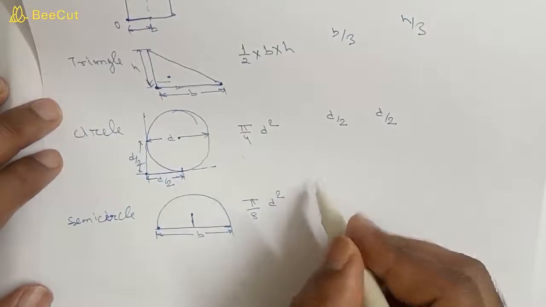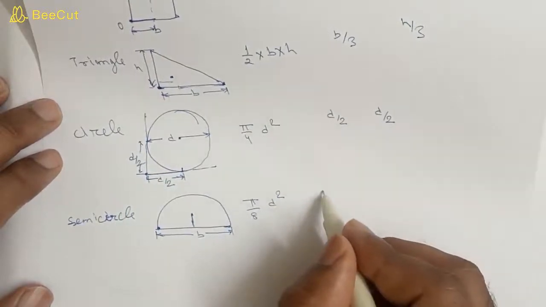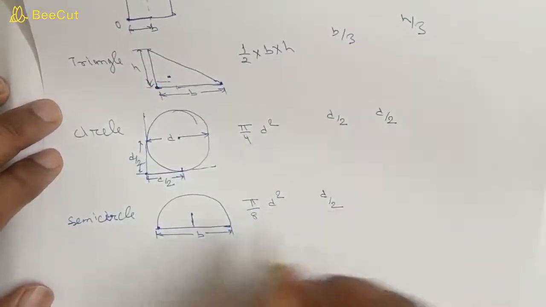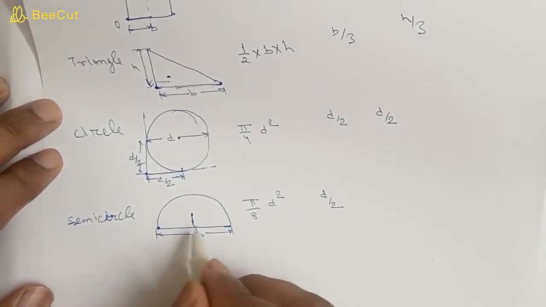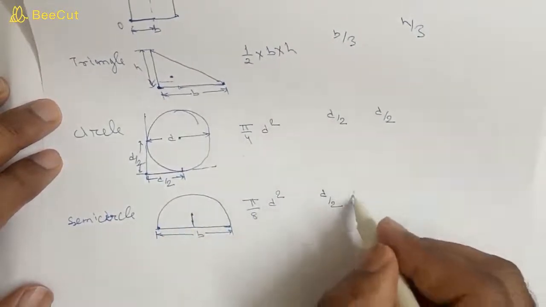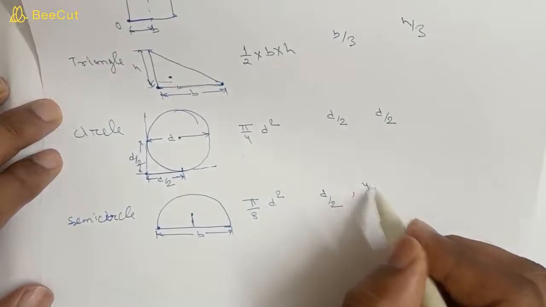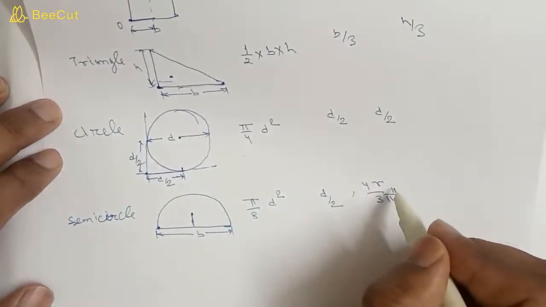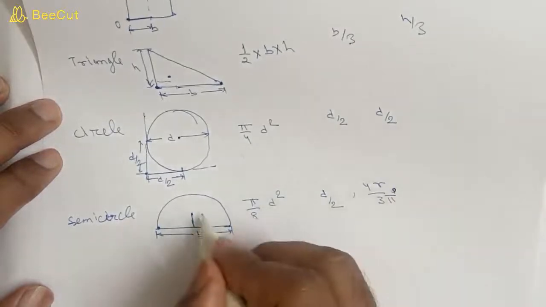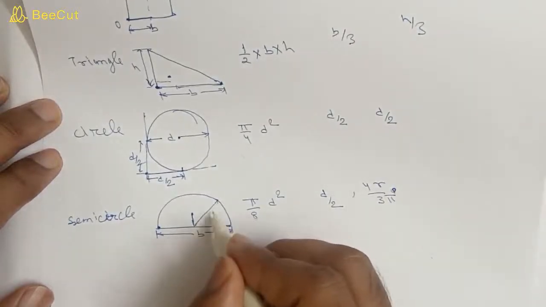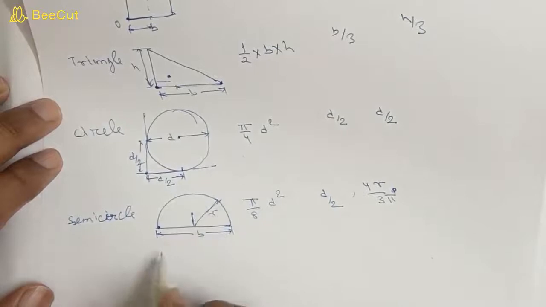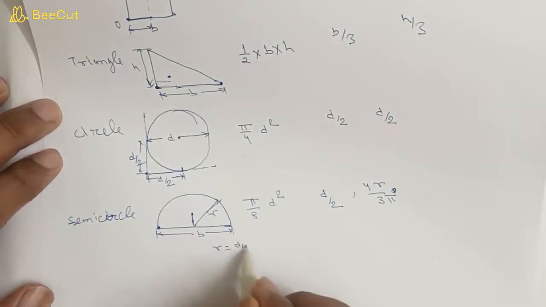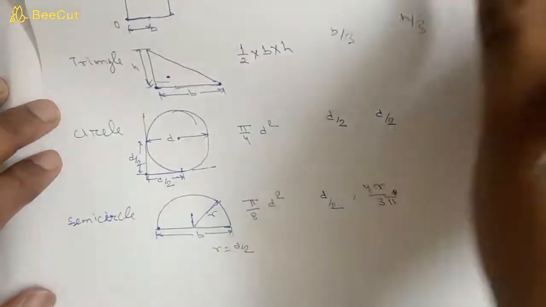Then x bar will be d by 2, this distance, and y bar will be this, and it will be 4r upon 3 pi. Okay, this is r. R is radius, r is equal to d by 2. Okay, so this is for semicircle.